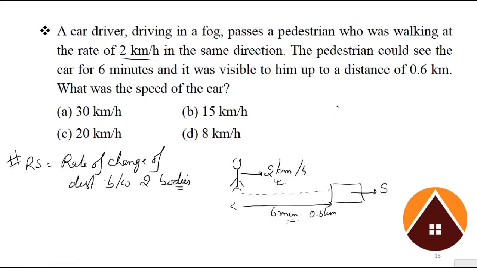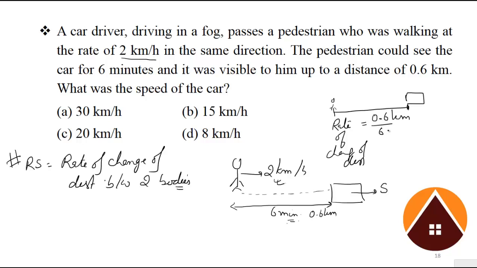Here you can see that the distance between car and the pedestrian is increasing 0.6 kilometer in 6 minutes. So what is the rate? So here the rate of change of distance is nothing but distance divided by the time, right?